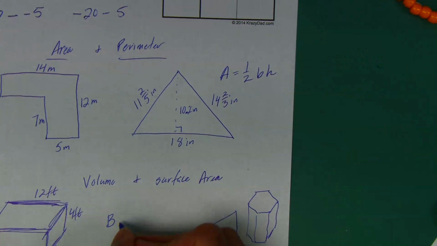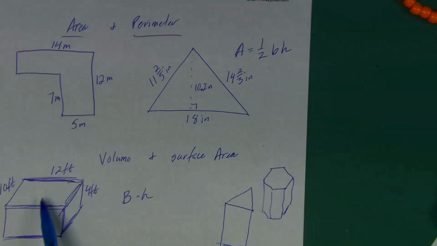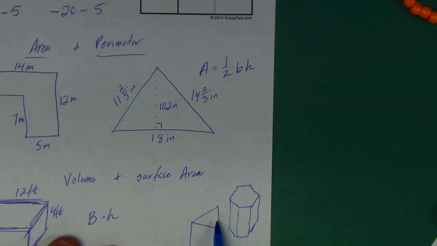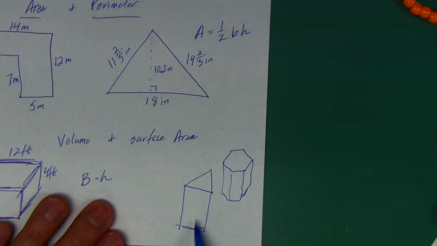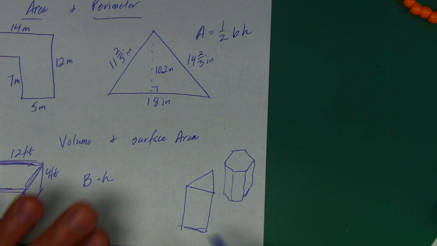Capital B means it's the area of the base times the height. You get the area of this rectangle times how tall, that's the volume. Get the area of that triangle times how tall, that's the volume of that triangular prism. Get the area of that hexagon times the height, and that's the volume of the hexagonal prism.